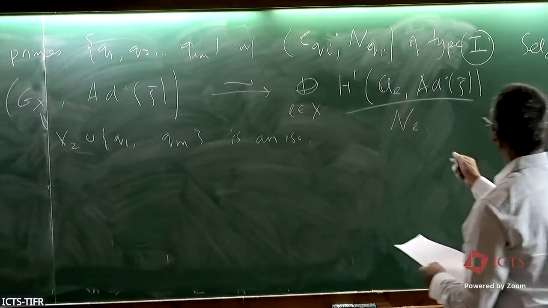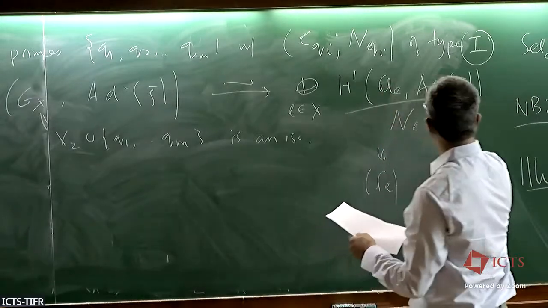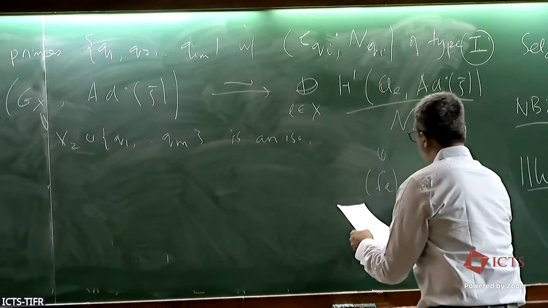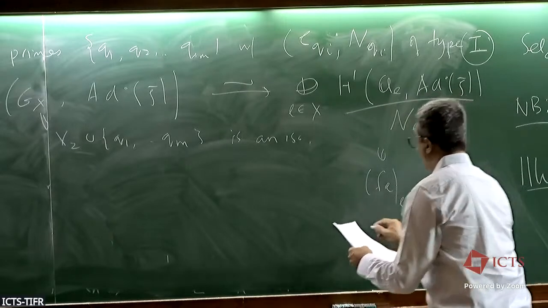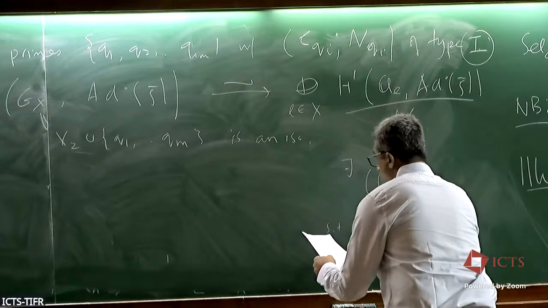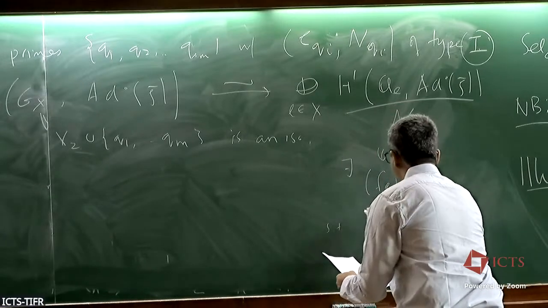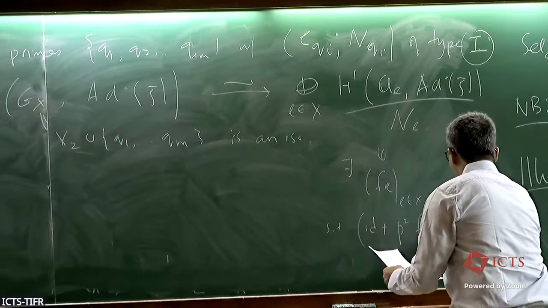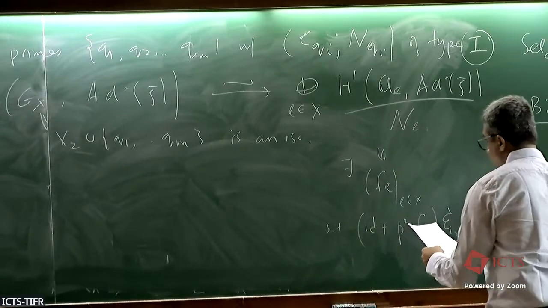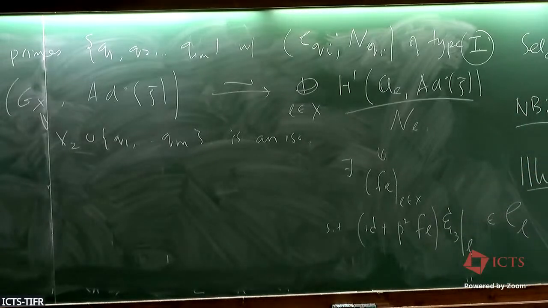So this is good because now you can choose F_L, some local H1s, for L belonging to X, such that identity plus p squared F_L times xi phi restricted to L belongs to C_L, where C_L is this deformation condition of type 1.